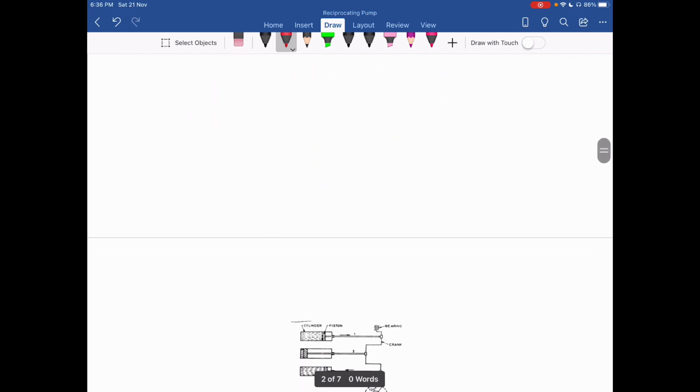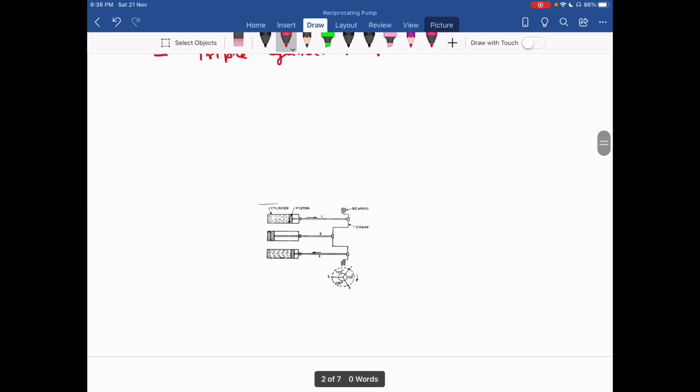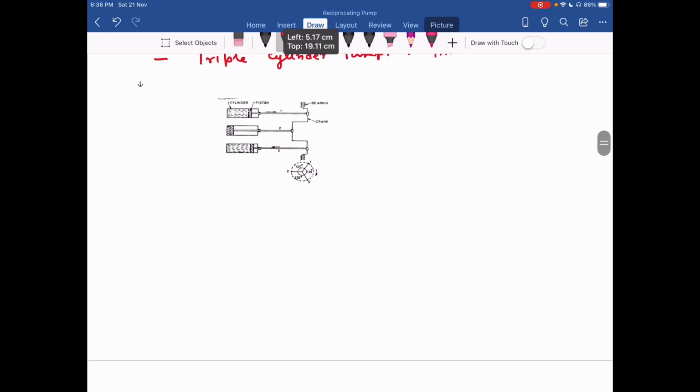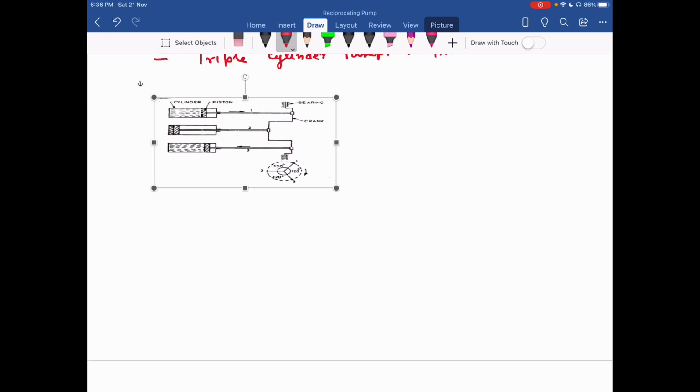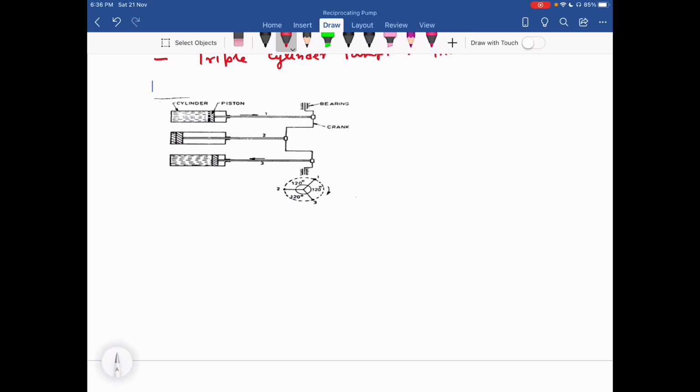You can see this diagram for a three throw pump. In this diagram, you can see we have three different cylinders. Each cylinder has its own suction and delivery pipe.